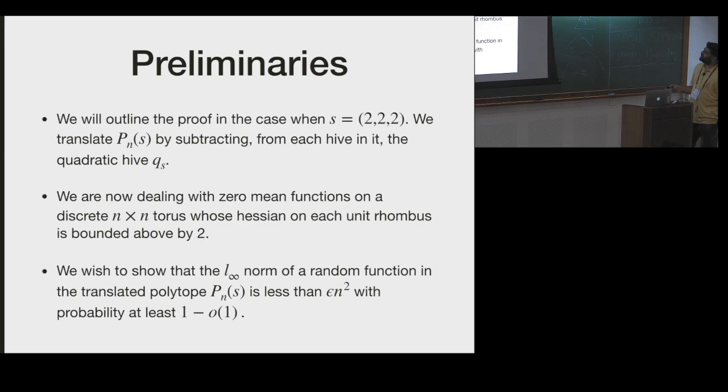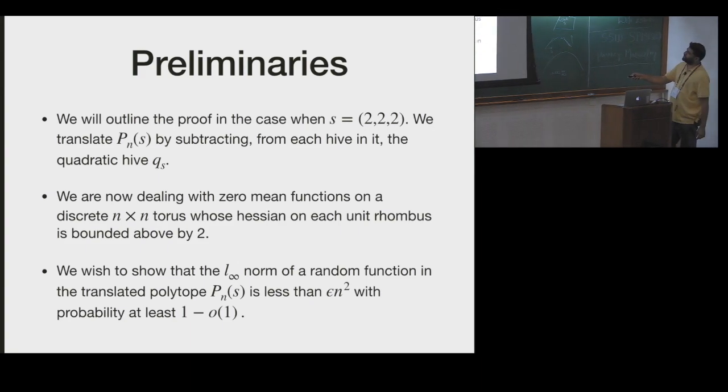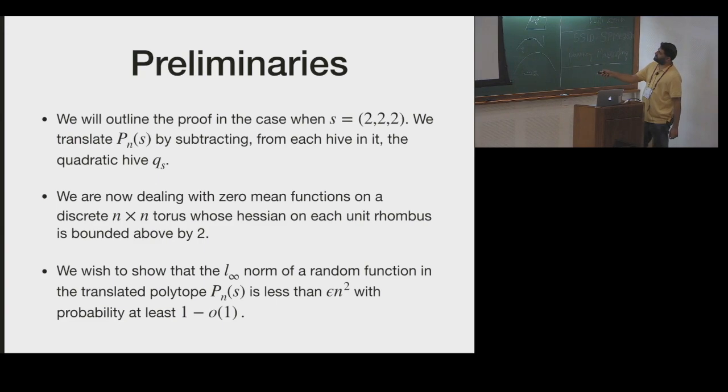Now we are dealing with zero mean functions on a discrete n cross n torus. I've taken that rhombus and pasted the sides together because when I shift by a certain amount, I'm getting exactly the same value of the Hessian. So I'm thinking of the Hessian as a function on the discrete torus. These are mean zero functions, and the Hessian at every rhombus is bounded above by 2.